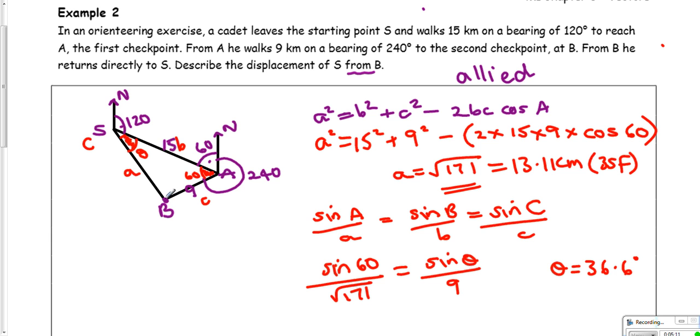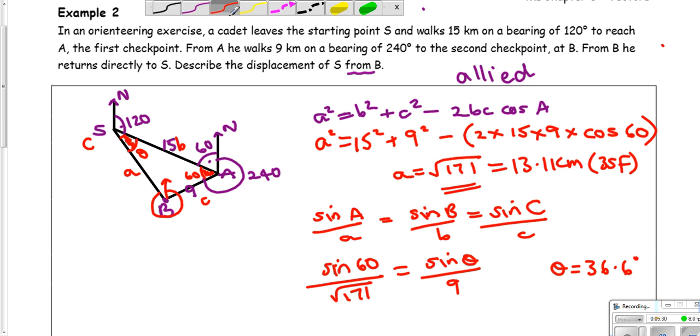Now that tells us this angle here, 36.6, but we want the displacement of S from B. So if you're standing at B here, you've got to work out what all of this angle is here in order to work out the bearing. So if I just change a colour of pen once again, I think I might have to use a black pen now. We're trying to work out this full bearing round here.